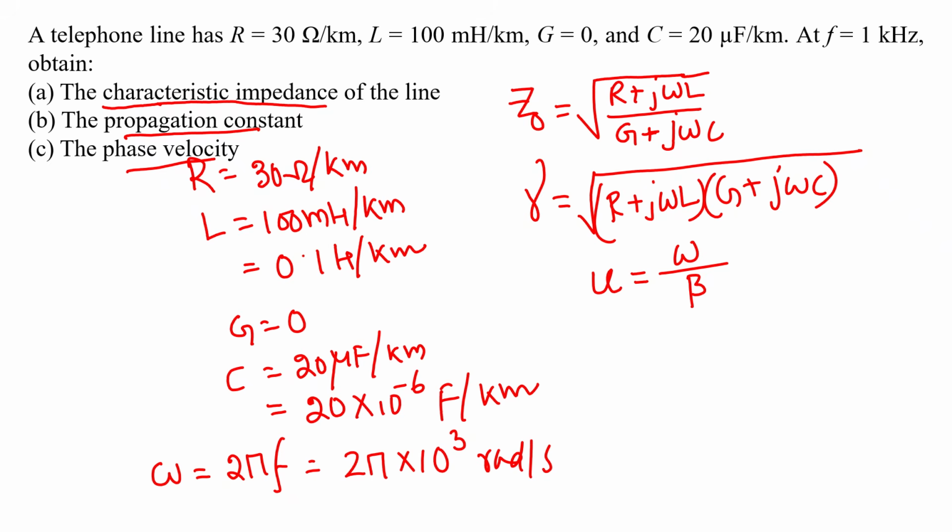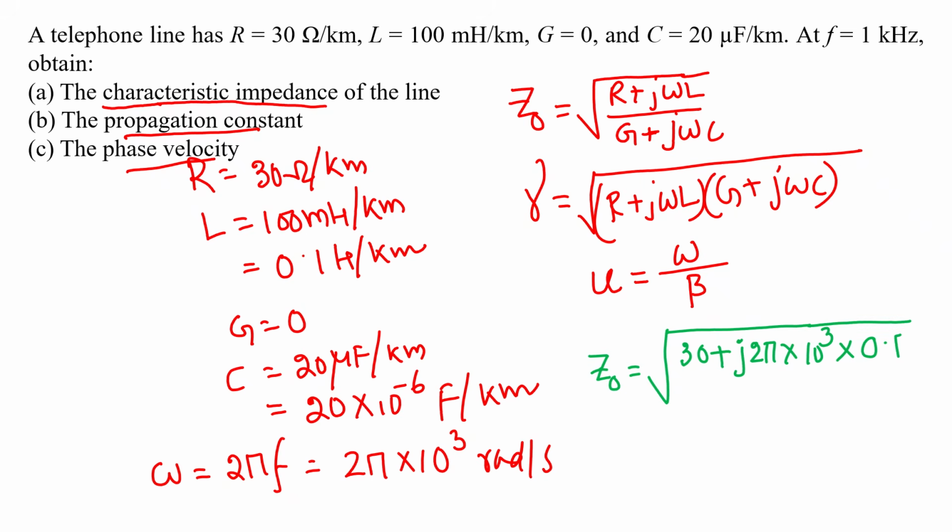Now our task is to replace these values into the formula. So I'll first replace the values in the formula of characteristic impedance. What I will get is Z0 equals under root of, what's the value of R? It is 30 plus j, which will remain as it is, omega will be replaced by 2 pi into 10 cube, and L will be 0.1.